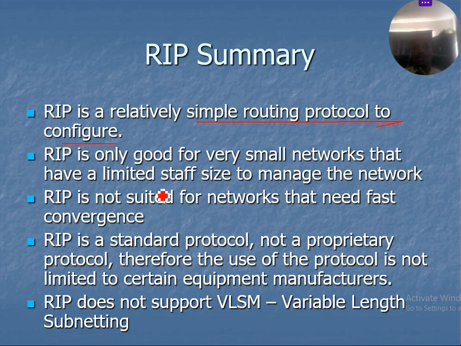RIP, which is Routing Information Protocol, is only good for very small networks that have limited staff to manage the network. So you don't use RIP for a large network, just a small network with a small number of staff. Now, RIP is not suited for networks that need fast convergence, that need fast delivery of data packets.